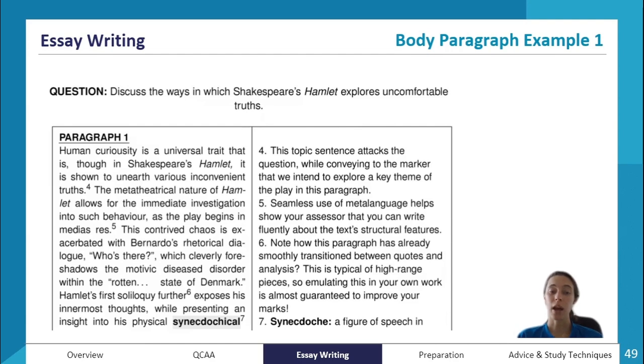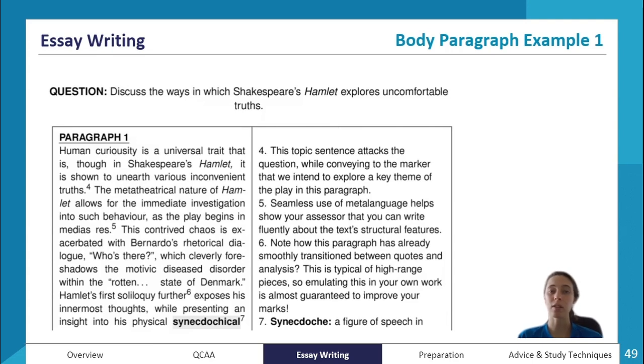"The meta-theatrical nature of Hamlet allows for the immediate investigation into such behavior as the play begins in media res." So here we've got meta language. We are showing that we understand the text's structural features and what sort of strategies have been used.